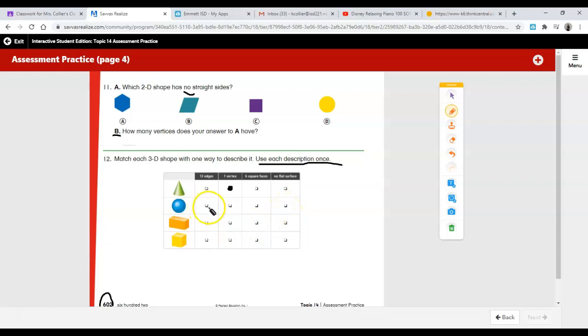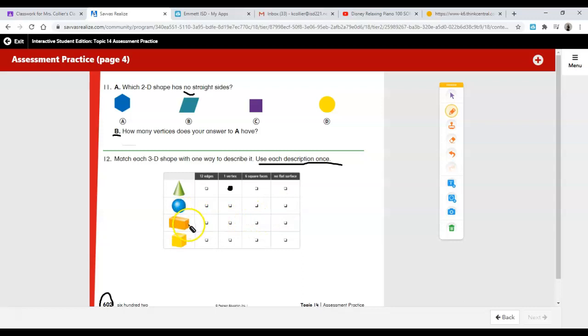So you would fill in either this answer choice, this one, or this one. But since the cone used this answer choice, no one else can use that. You can only use each of these descriptions one time. So which would you pick for the sphere? Does a sphere have 12 edges, 6 square faces, or no flat surfaces? And you would fill in that answer choice.